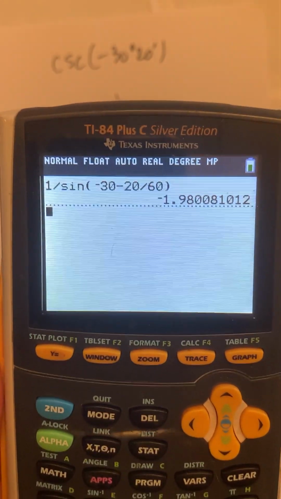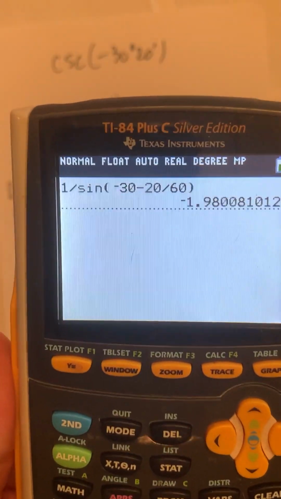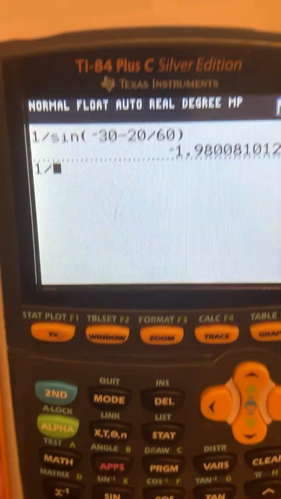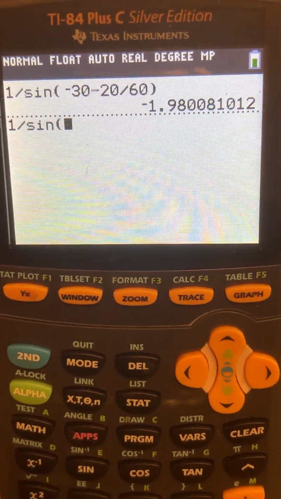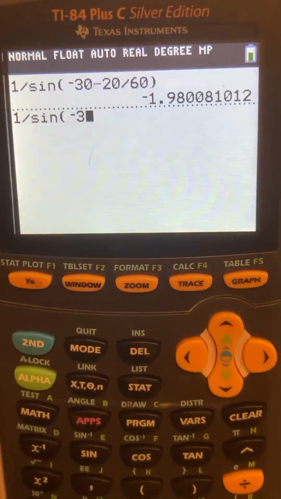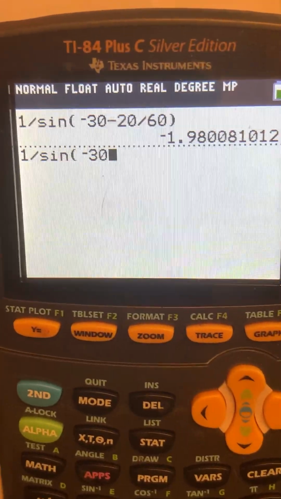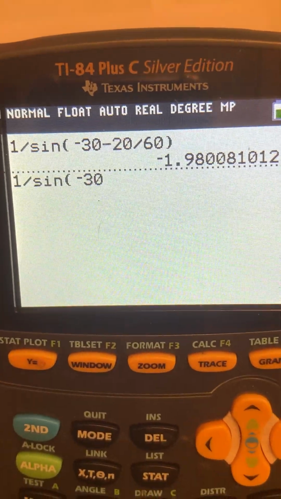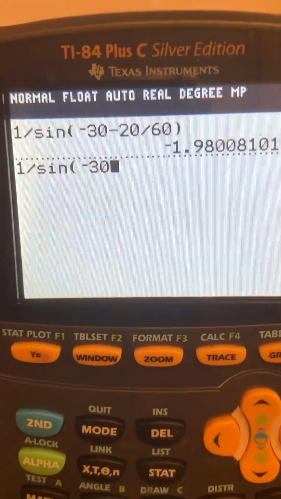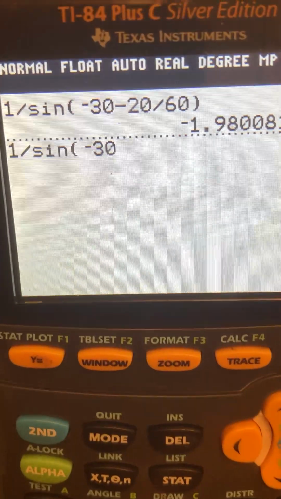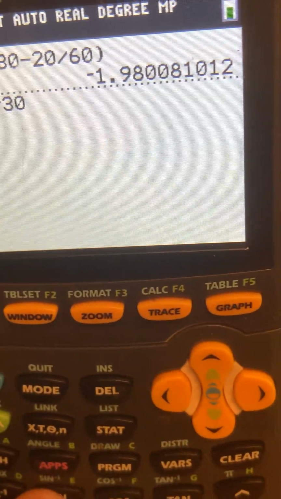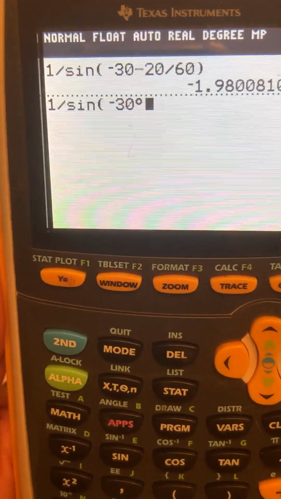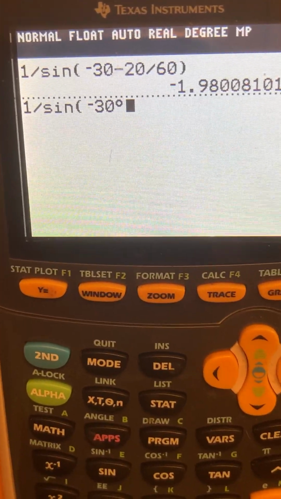All right, so that's the way I do it so I don't forget. However, you could use the special buttons on your calculator and do 1 divided by sine of negative 30, then go to angle, tell the calculator that's degrees, and then put in 20.